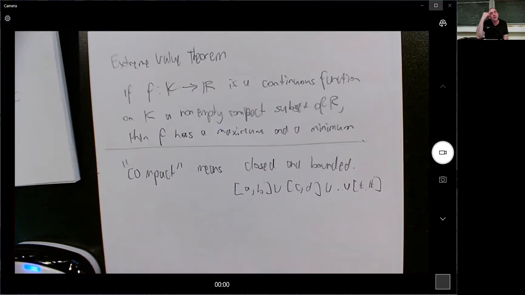And a maximum is a supremum that's actually in the set.